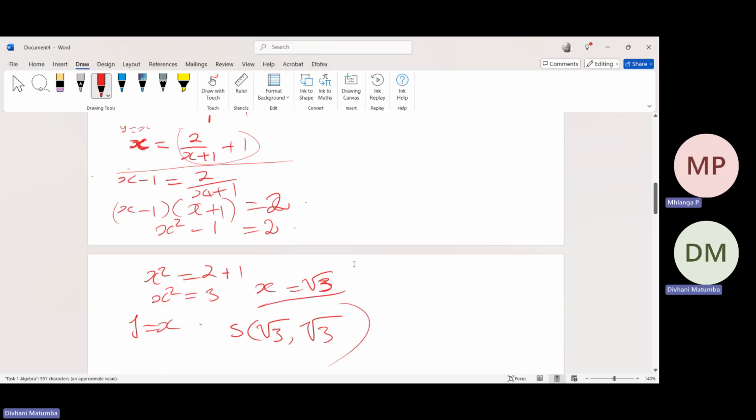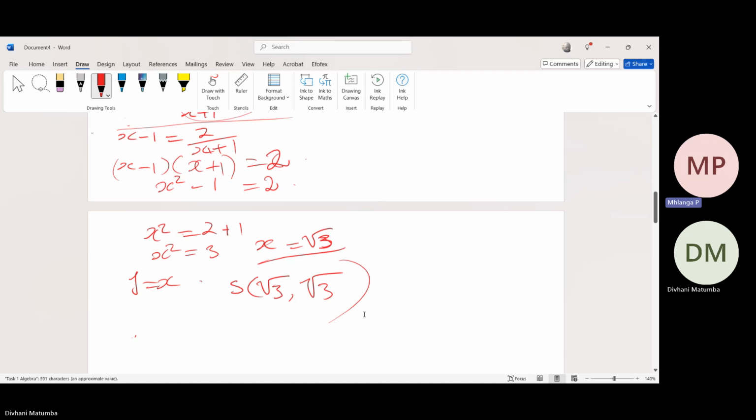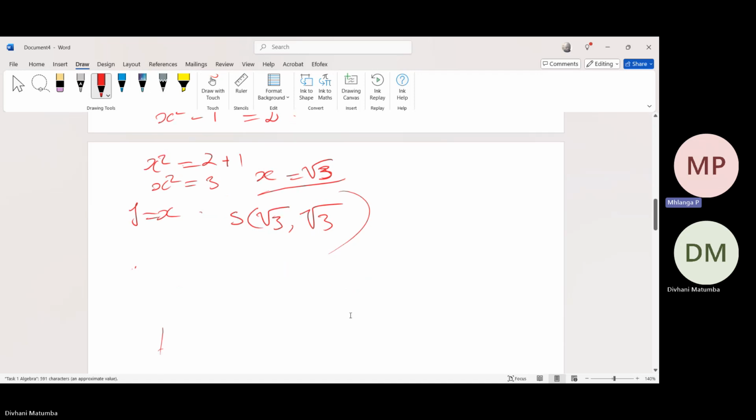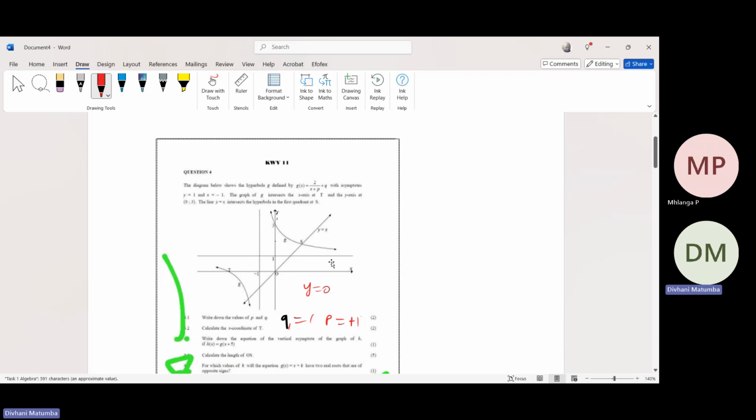We'll use Pythagoras or the distance formula, which is going to be OS, if we know the run and the rise.